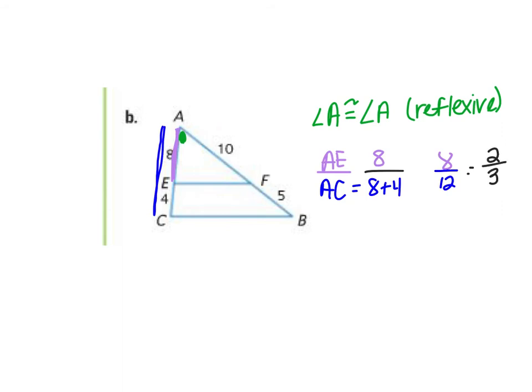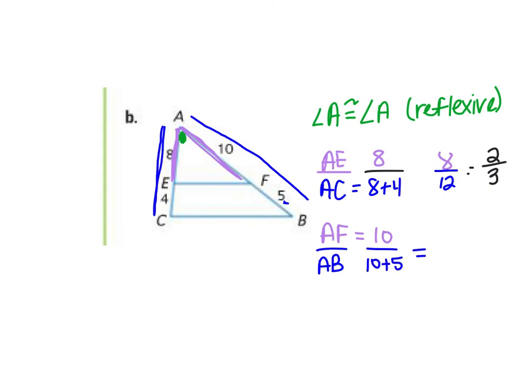Okay, so let's look at the other side lengths they give us. We have AF, okay, that's a total of 10. And then we also have AB, which is 10 plus 5 more. Which gives us a total ratio of 10 to 15. And when 10 over 15 is reduced, we have 2/3 again.